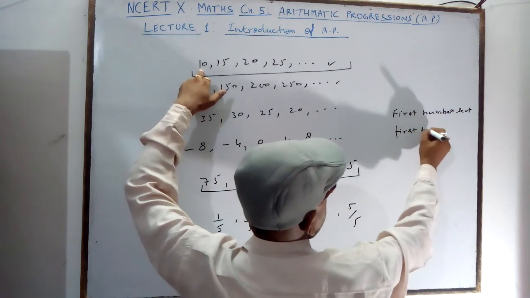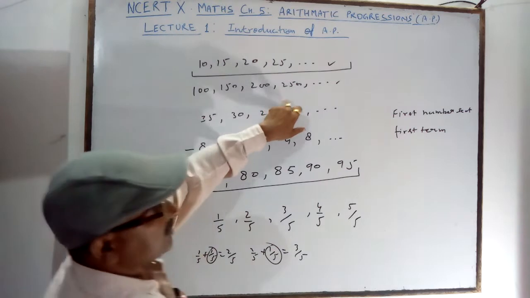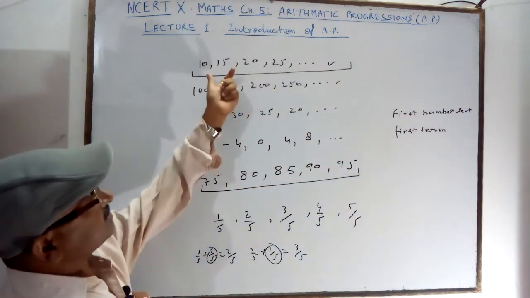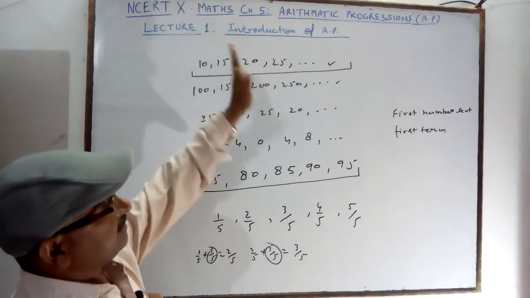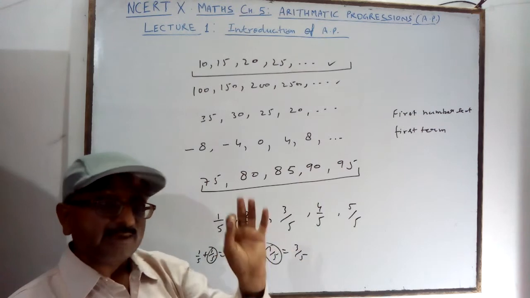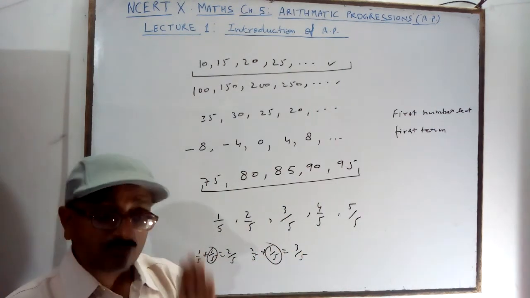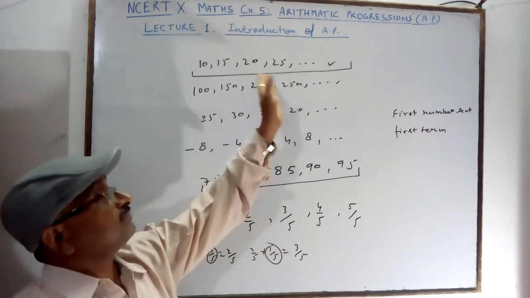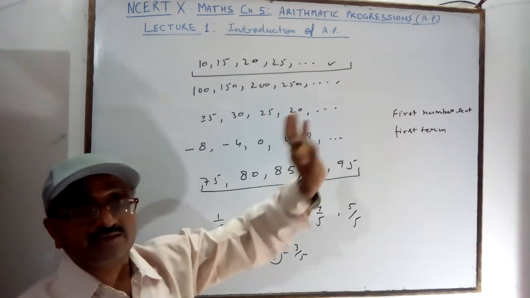To this first term we add a fixed number, getting the second term, and so on. From the first, we add an equal amount to each preceding number, except for the first. This type of set of numbers is called an arithmetic progression.